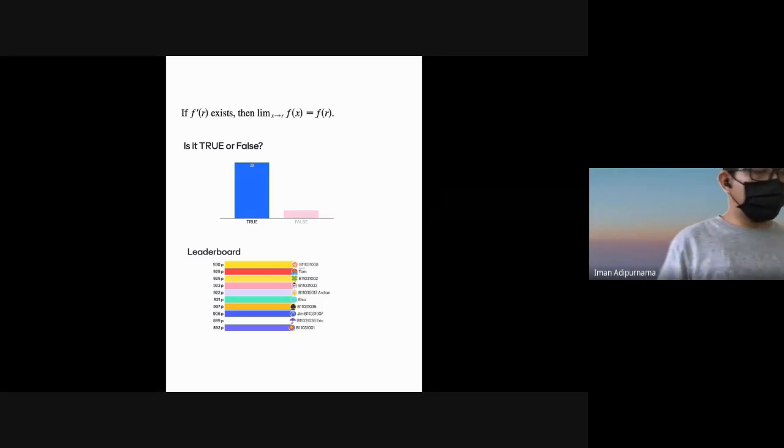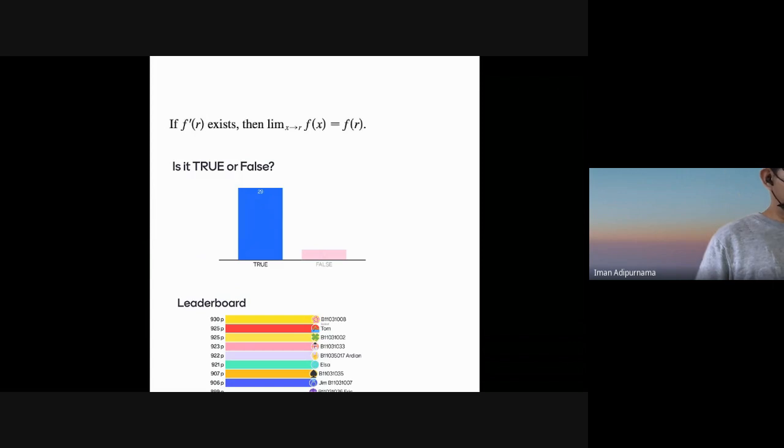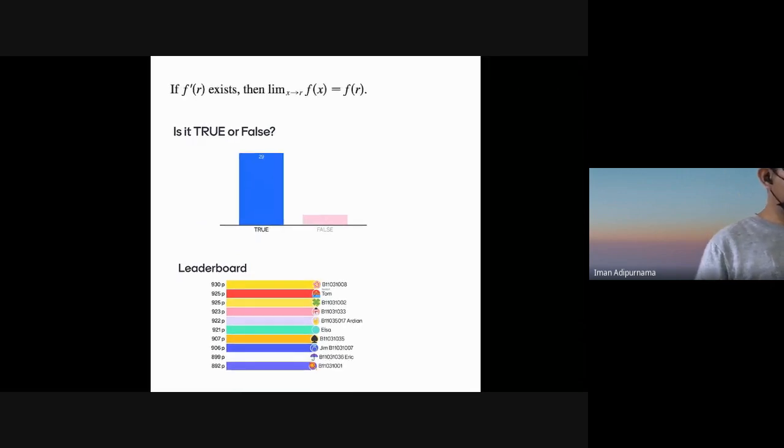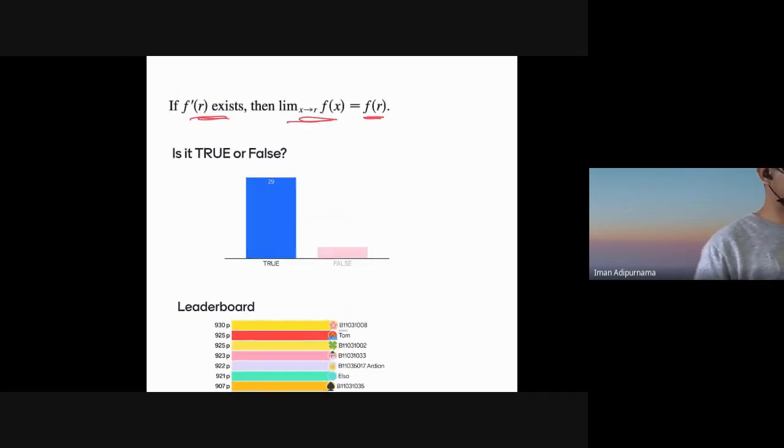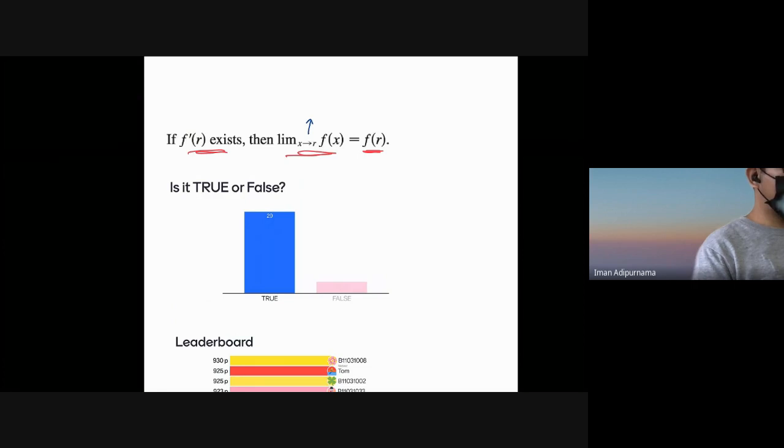Okay, let's start with the feedback from the last class. If f prime of r exists, then the limit is equal to the function at r. The answer is true. This is because we remember that when we have the limit, we can prove that it actually exists.